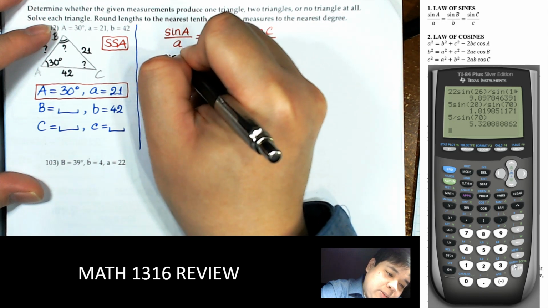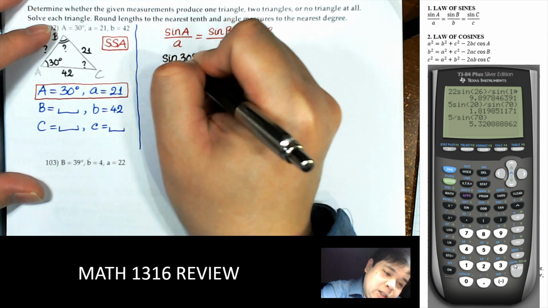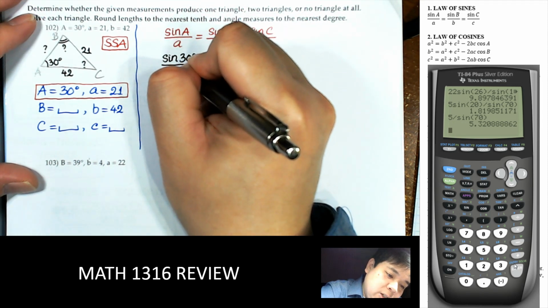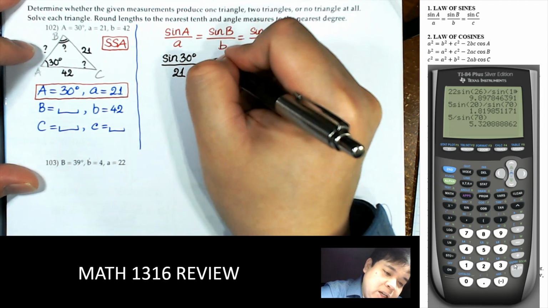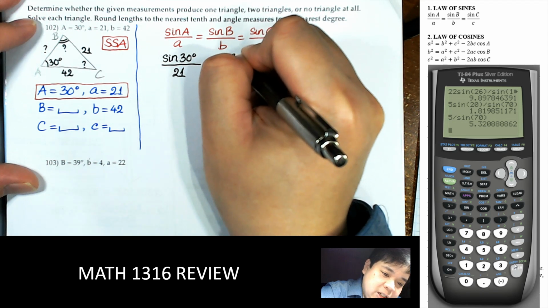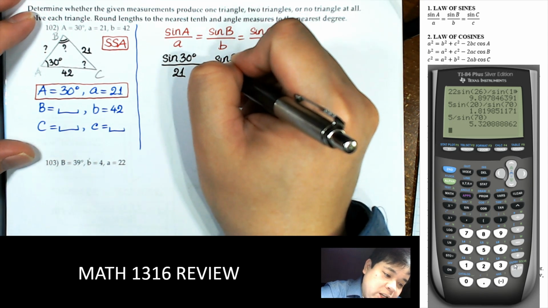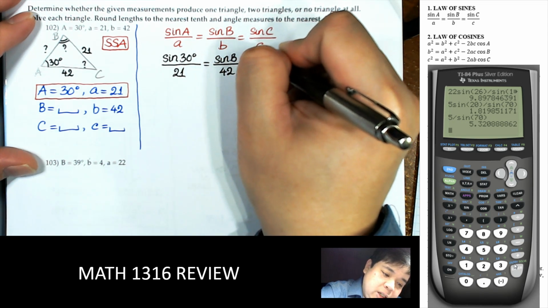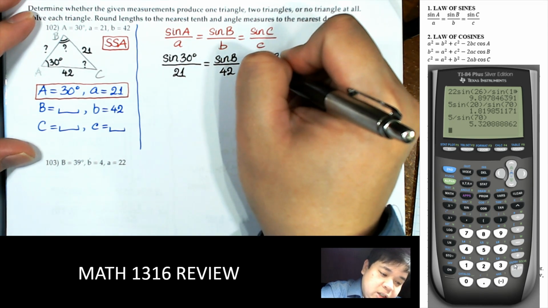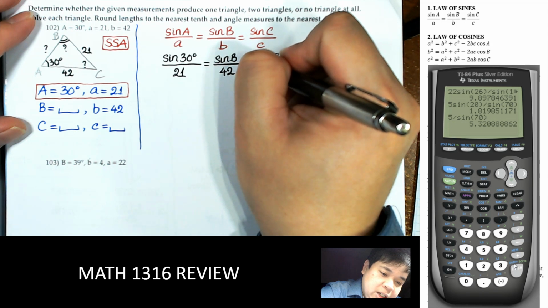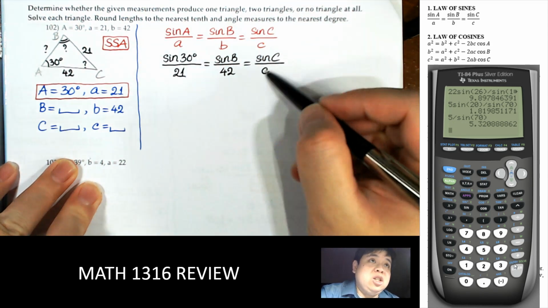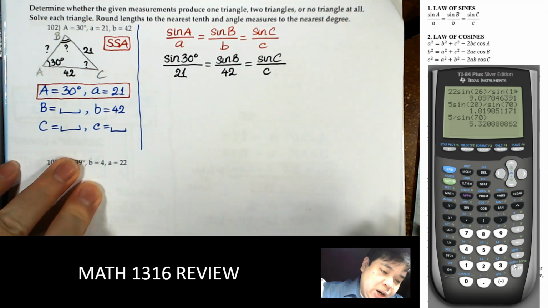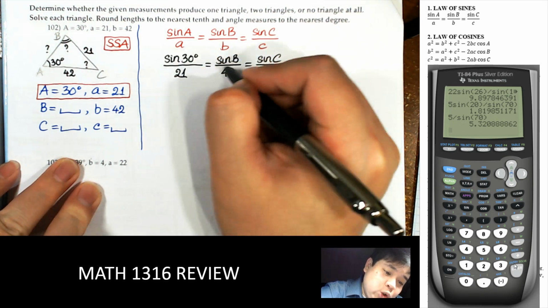Sine of A, 30 degrees, over little a, 21. Sine of B, don't know, over little b, 42. Sine of C, we don't know, and side c, we don't know either. So this is useless. We're not going to be able to use C in this scenario. We're going to use this ratio for sure.